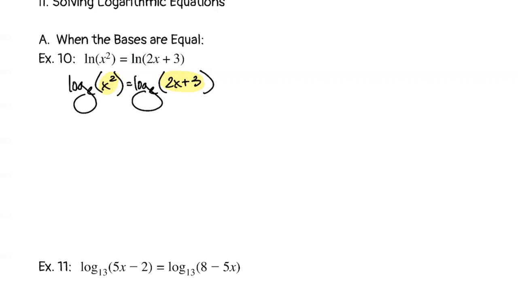If everything else is the same, the thing that is being natural logged must be the same as the other thing that's being natural logged. So we would get x squared equals 2x plus 3. When the bases are the same, that is very lovely for us. X squared equals 2x plus 3. All right, how do we solve for x here?